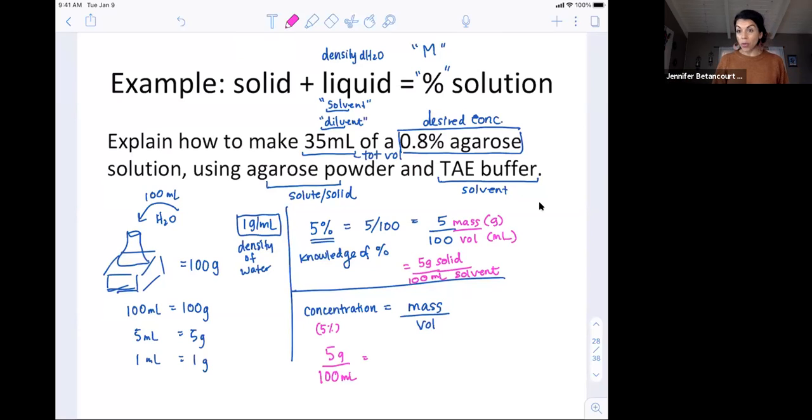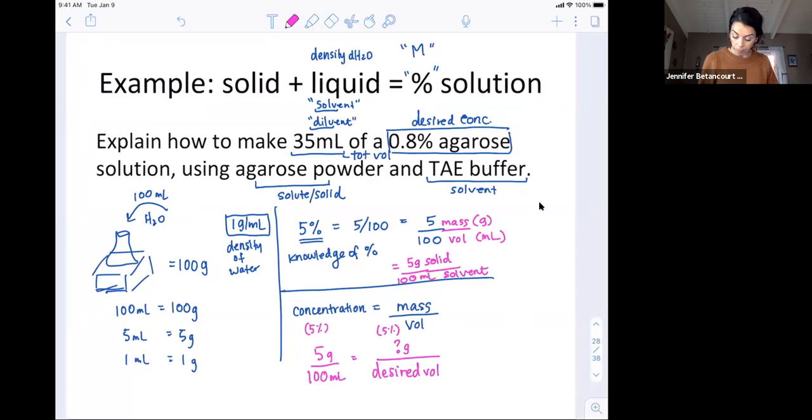We want to make some other desired volume that you need to make, and you're trying to figure out how much you need to weigh. This would also be 5%. It's almost like a conversion, but you're just using a different volume. So this is how you would solve any percent solution when the buffer or the solvent is the same density as water. Keep that in mind when you solve this problem.